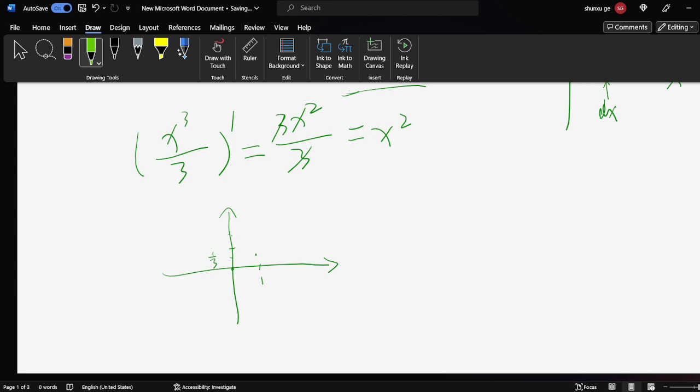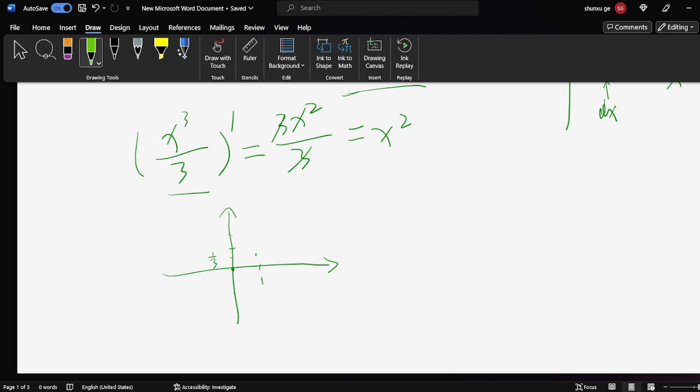Why do I do that? I just write the graph. When x equals 0, the solution should be 0.